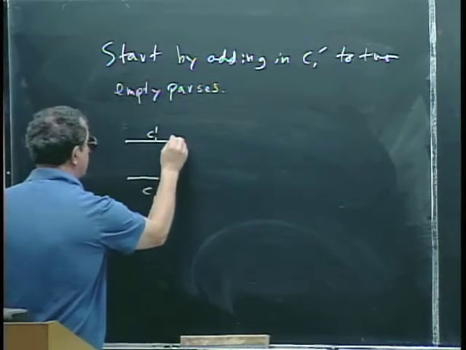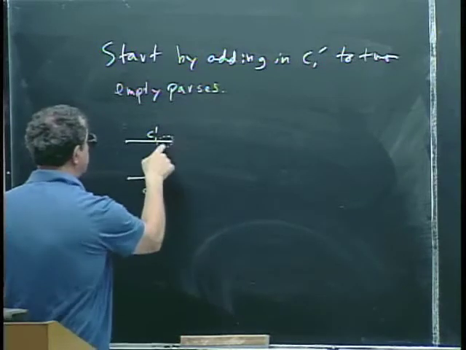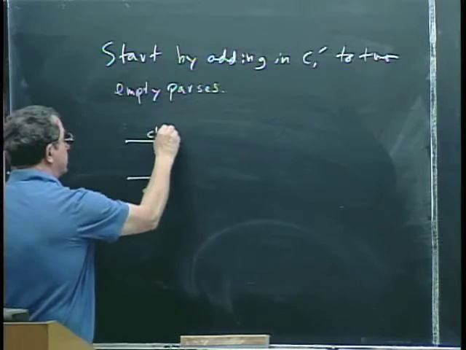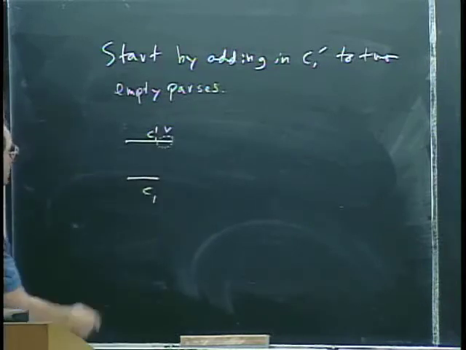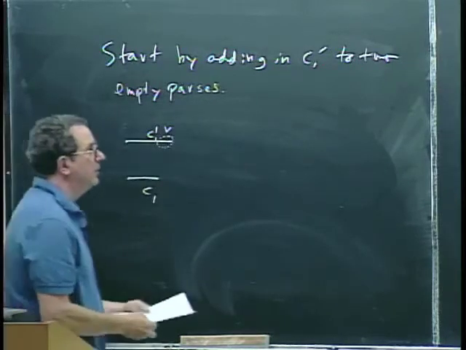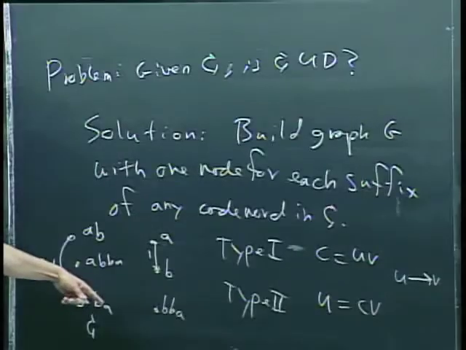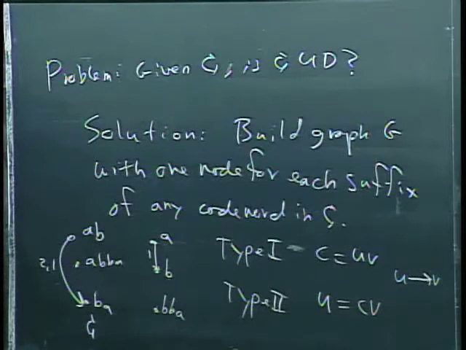Okay, so here's the overhang, the first overhang. And this is a suffix of a code word, right? Because C1 prime is in fact a code word, so that's a suffix of a code word. That's V. All right. So I want to see from here that there is a path in the graph G that goes from a node representing a code word to a suffix of a code word, under either type 1 or type 2 rules.